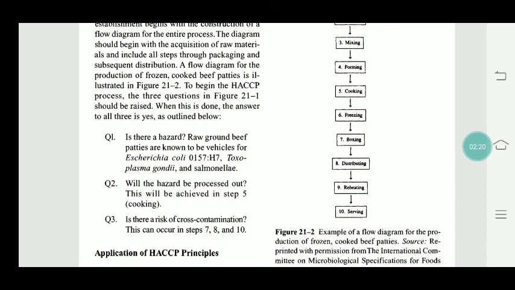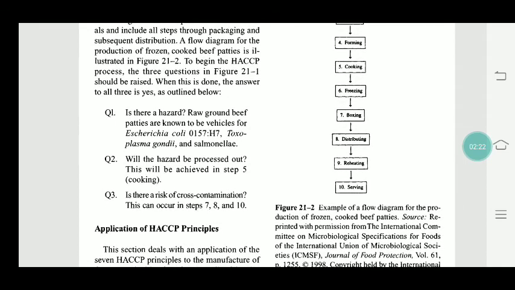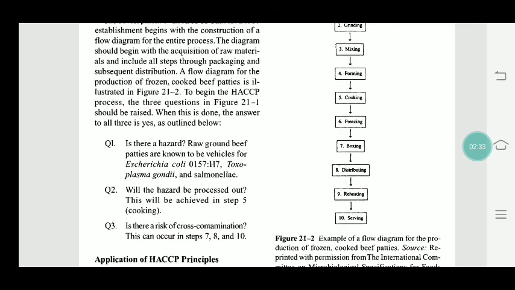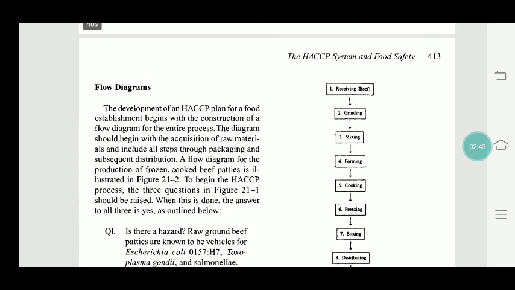like is there any hazard. If there is a hazard, which type of hazard is there, how are we going to process it, and how can we stop the hazardous condition or control the contamination by the HACCP principles.